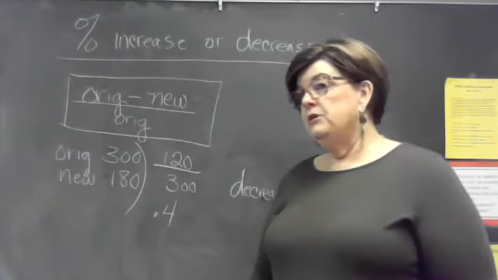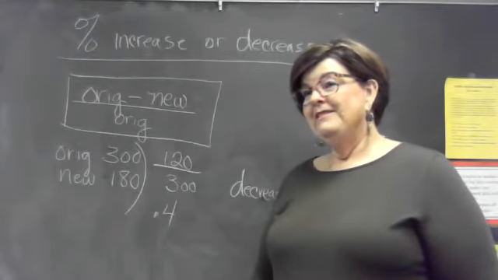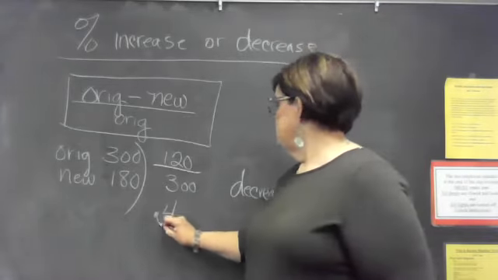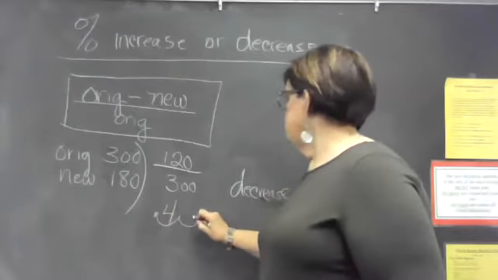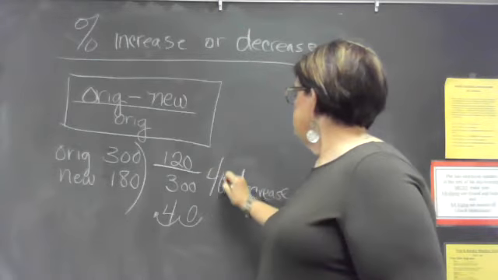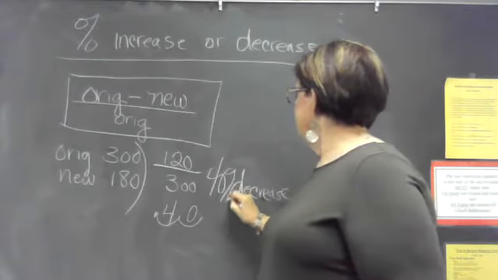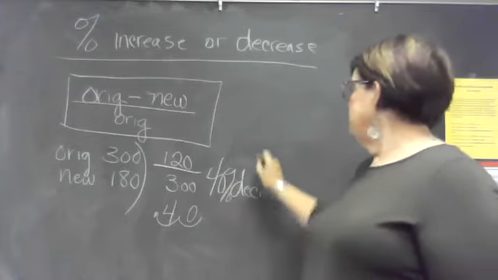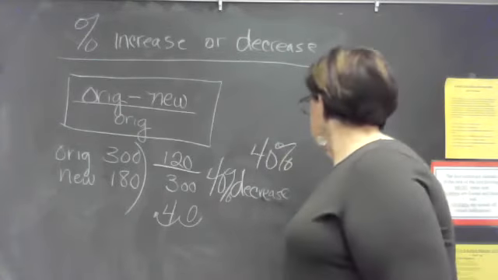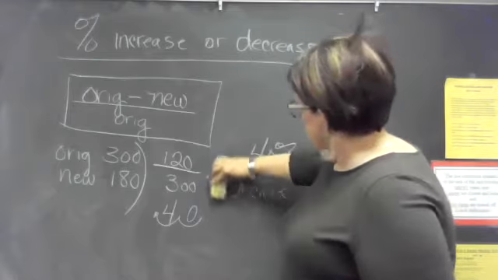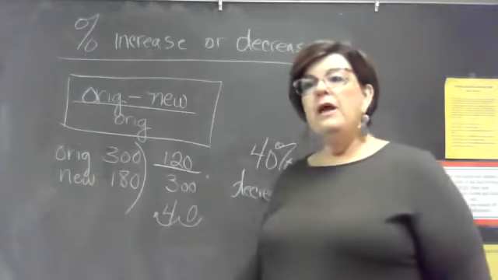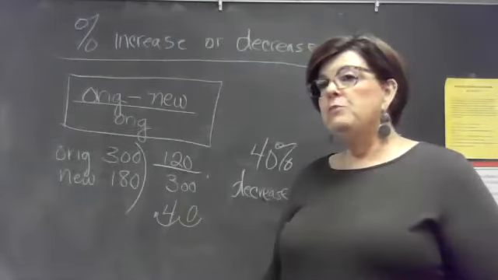How do I change to percent? I move the decimal always 2 places to the right. And so we have a 40% decrease. 40% decrease in the price from 300 to 180.